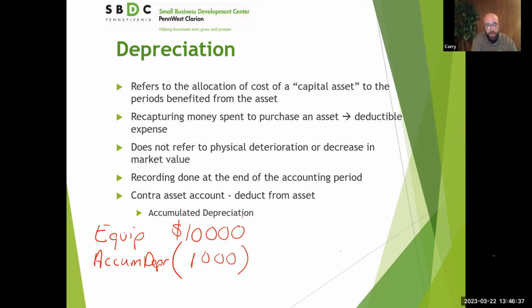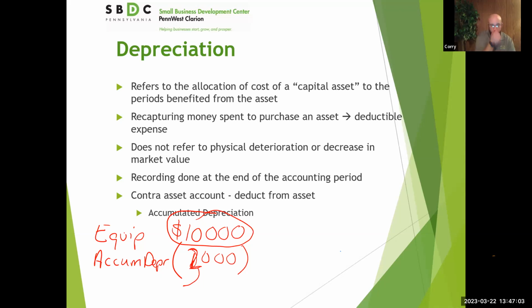This equipment on the balance sheet, if you own it for the next 20 years, will still have a value on your balance sheet of $10,000. It's just that the accumulated depreciation is going to increase every year. So the next year, it'll say 2,000. The year after that, it'll say 3,000. The year after that, 4,000. We'll just keep adding to that accumulated depreciation.